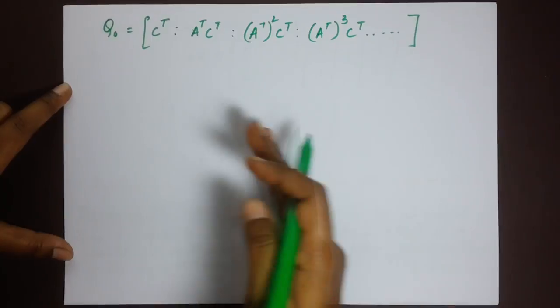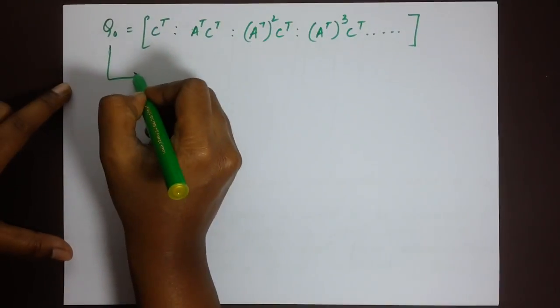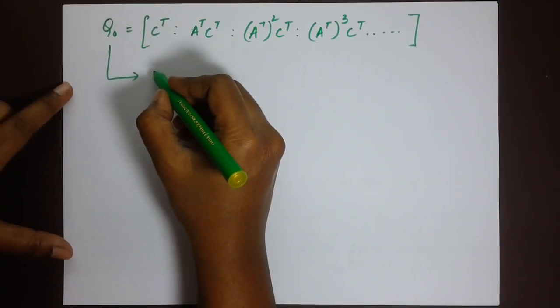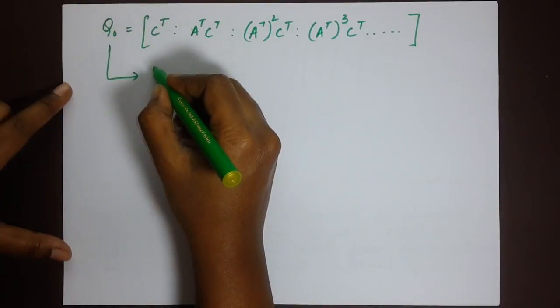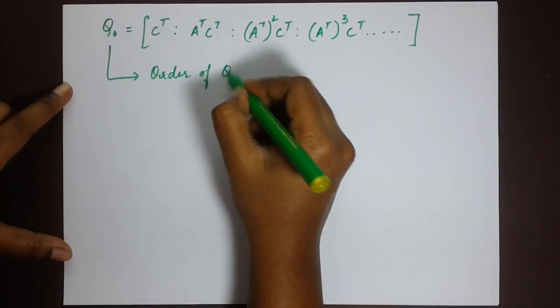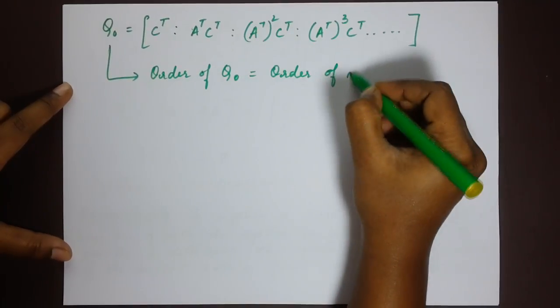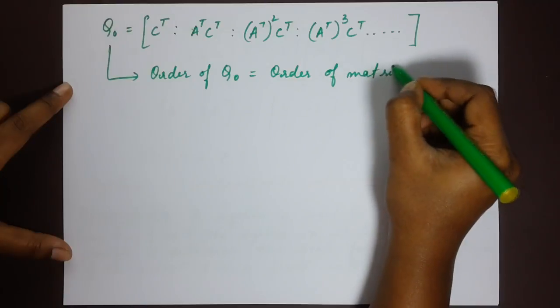Where do we stop? We stop when the order of Q0 equals the order of matrix A. Quite similar to the previous part.